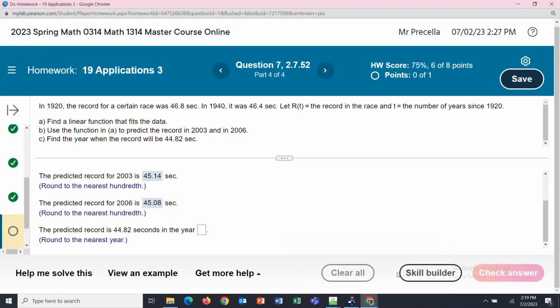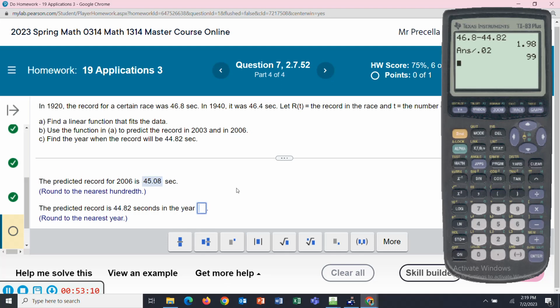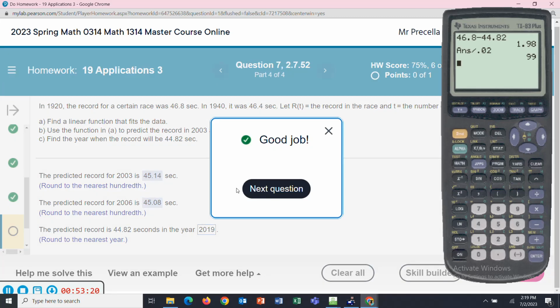The predicted record is 44.82 seconds in the year 2019. Do y'all see how I got that 2019? 99 years since 1920, so I added 99 to 1920.